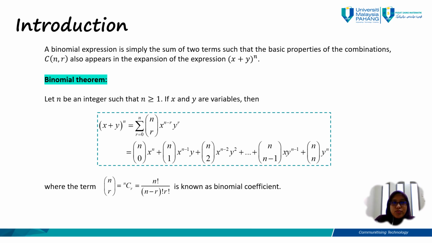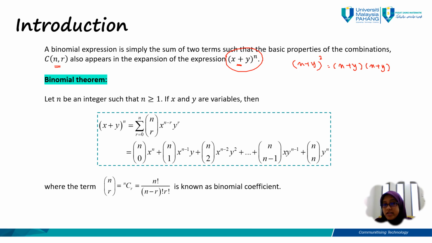A binomial expression is simply the sum of two terms, such that the basic properties of the combinations nCr also appear in the expansion of the expression (x plus y) to the power of n. So here we are going to expand (x plus y) to the power of n. If we have (x plus y) to the power of 2, this is very easy for us to expand because we just need to multiply (x plus y) with (x plus y).